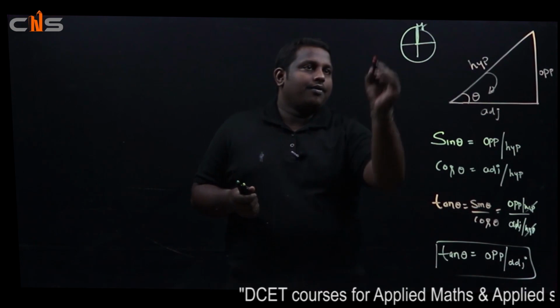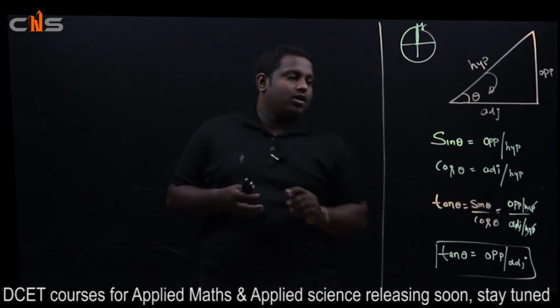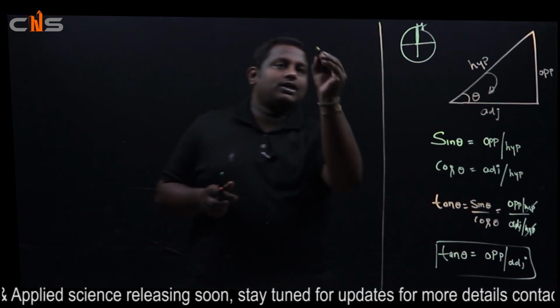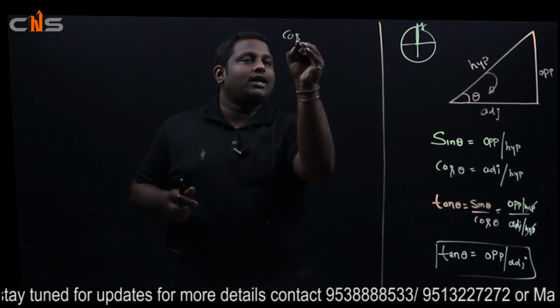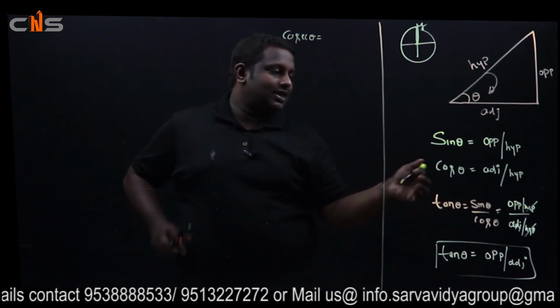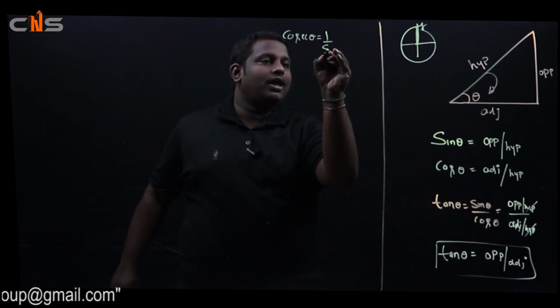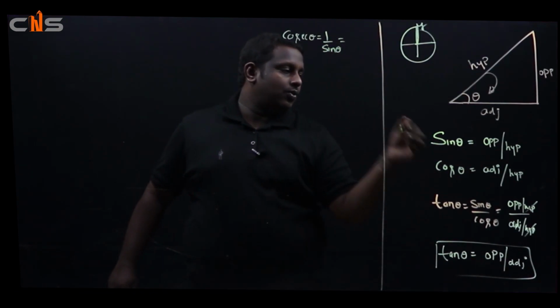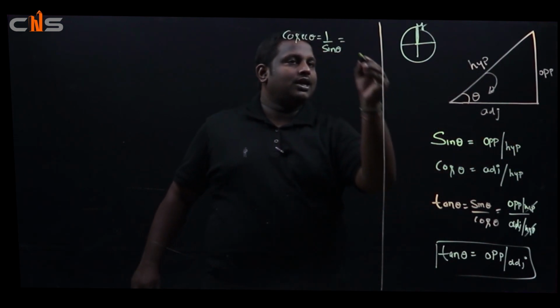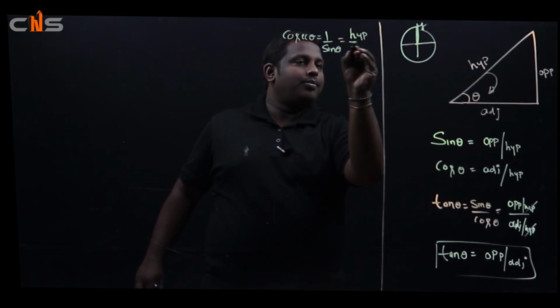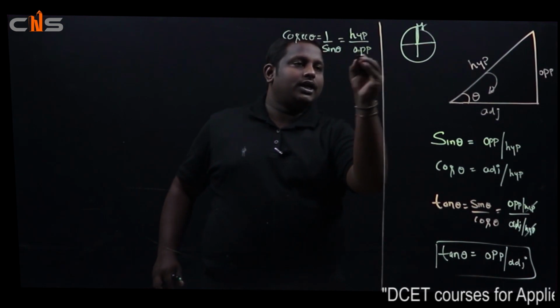Then we know cosecant theta, which is the inverse of sin theta, that is 1 by sin theta. So what happens? Inverse of this, hypotenuse by opposite.